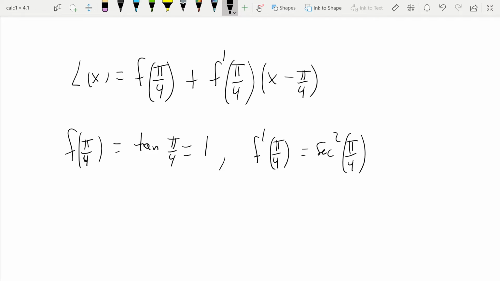But secant is 1 over cosine, so this is 1 over cosine squared of pi over 4, and that's the same as 1 over square root 2 over 2 squared, which is just 2.